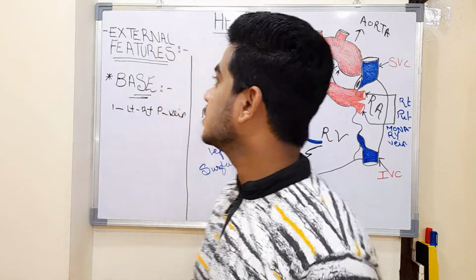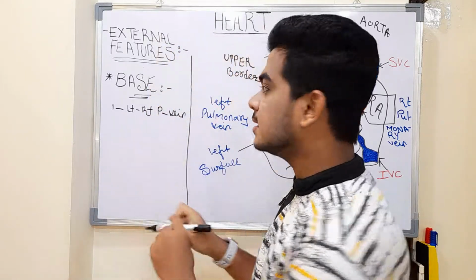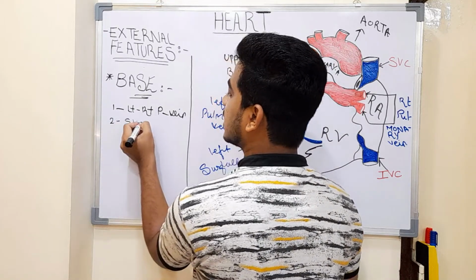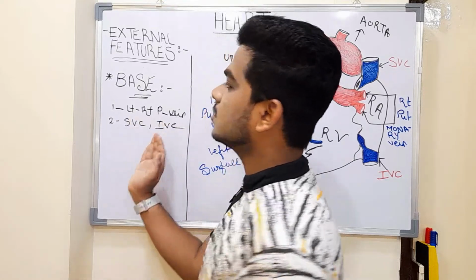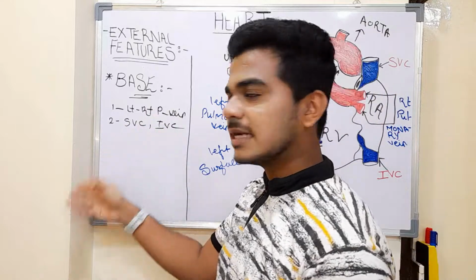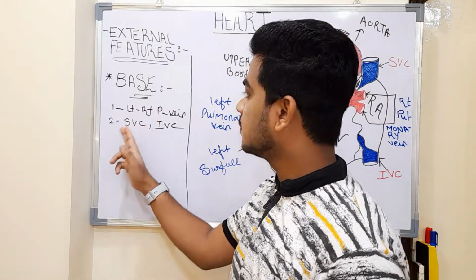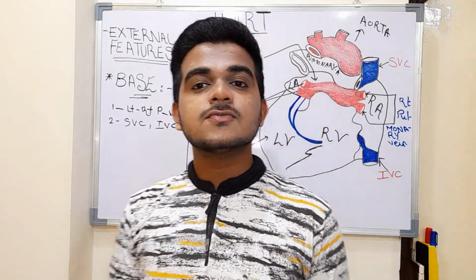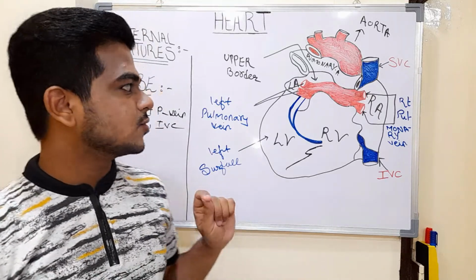So in the subheading of the base, you mention left and right pulmonary veins, and second, superior vena cava and inferior vena cava. You can also write left pulmonary vein as the first point, right pulmonary vein as the second, superior vena cava as the third, and inferior vena cava as the fourth. These four structures together form the base of the heart.